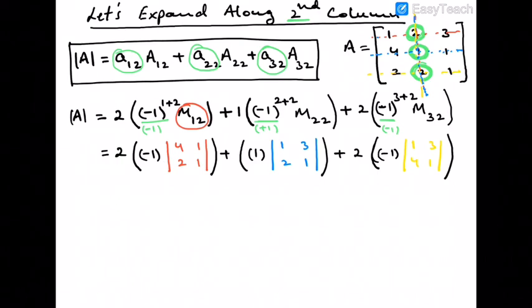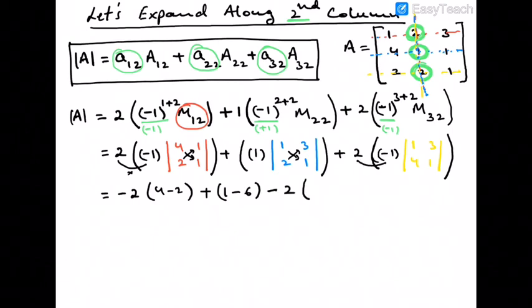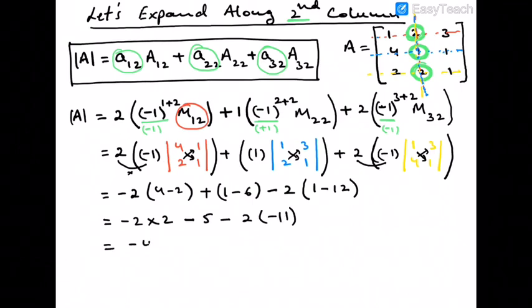Now 2 times minus 1 is minus 2, and cross multiply will give us 4 minus 2, and here 1 minus 6, then minus 2 times 1 minus 12, which will give us minus 2 times 2, minus 5, minus 2 times minus 11, that is minus 4 minus 5 plus 22, that is equal to 13.